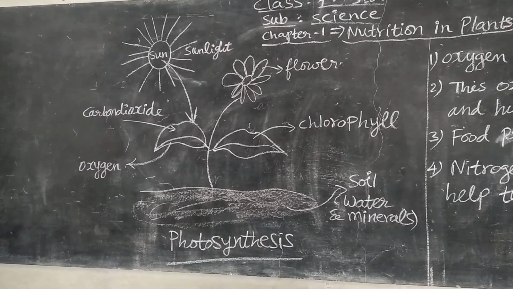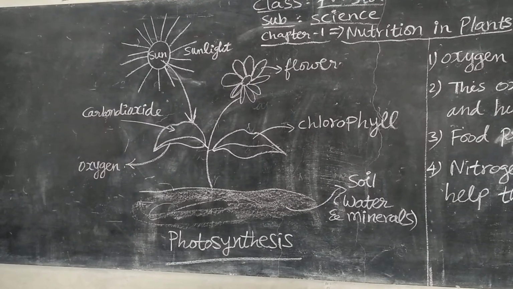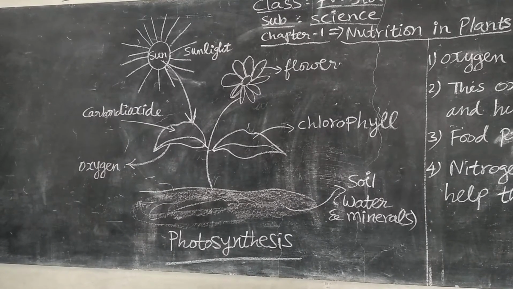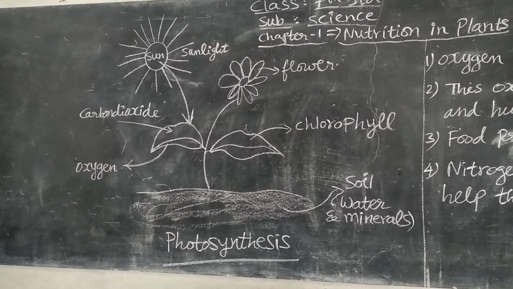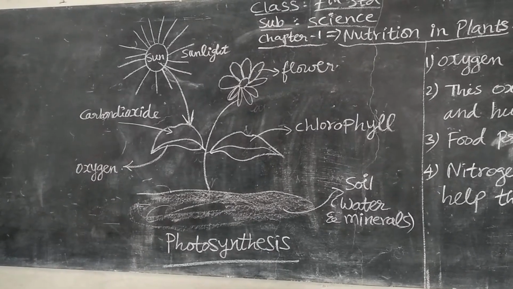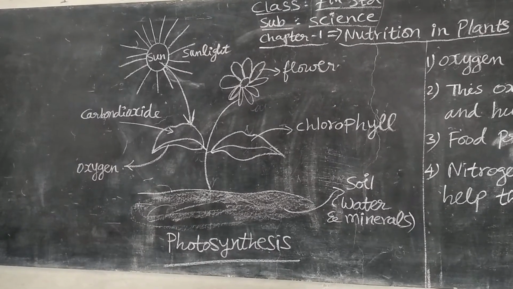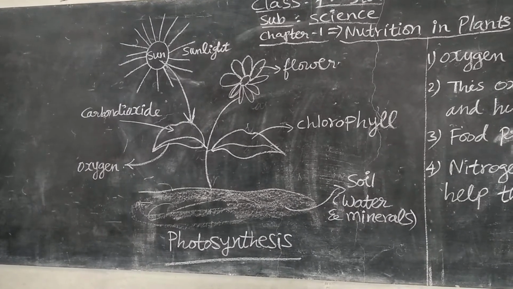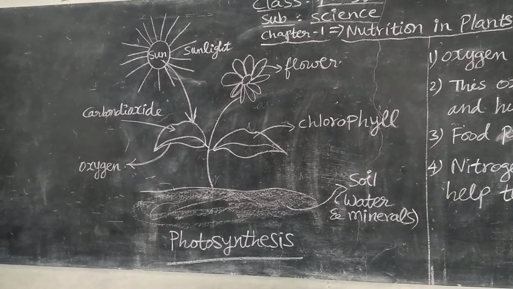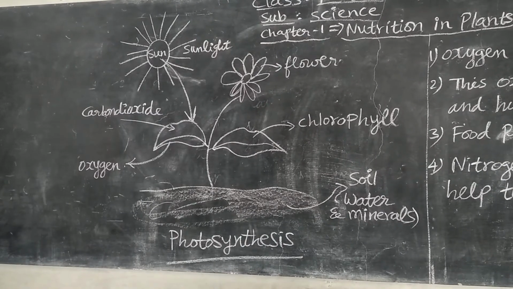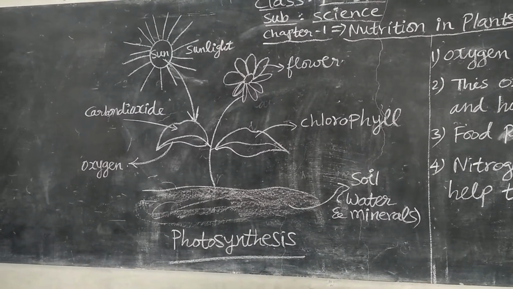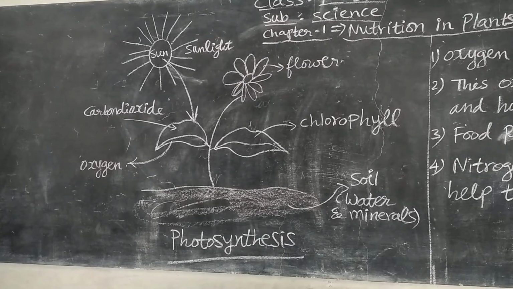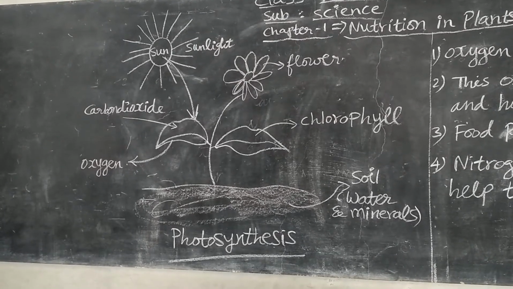See, animals and human beings give carbon dioxide to plants. Plants, after preparing food, what do they do? They give out oxygen. This oxygen enters into the atmosphere and it is helpful for all animals and human beings. We breathe oxygen, isn't it? Without oxygen we cannot live. This oxygen we get from plants.